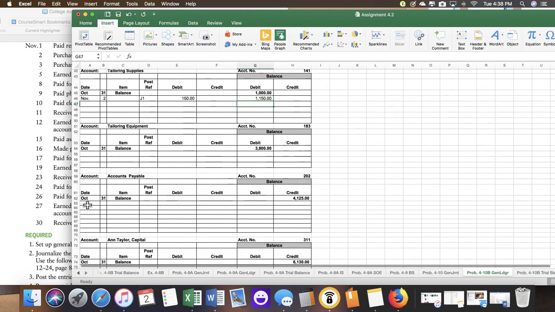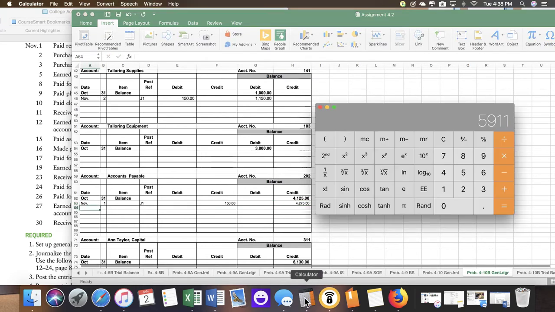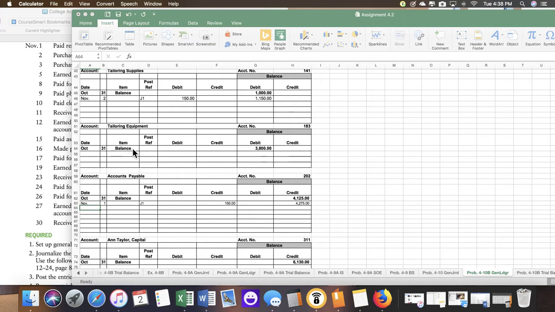We're going to go down to accounts payable. Again, I'm pretty sure that's the amount, but I'm going to break out the calculator just to double check my math. Because any amounts off will throw your trial balance off, which is the next step in the process.